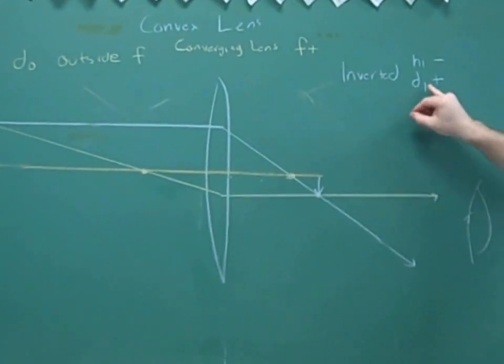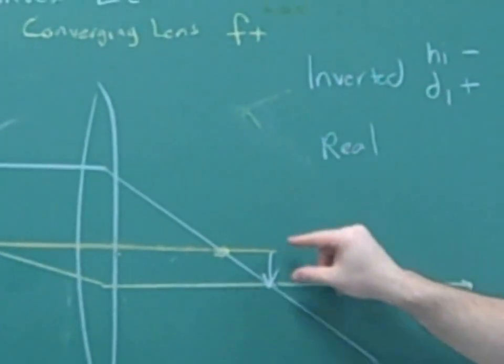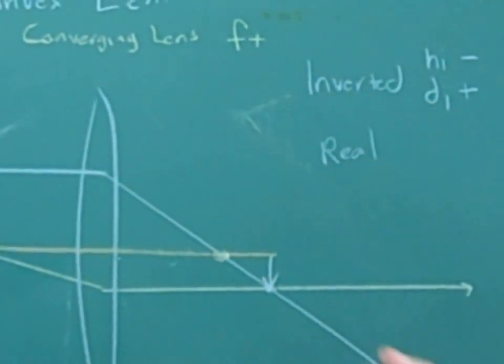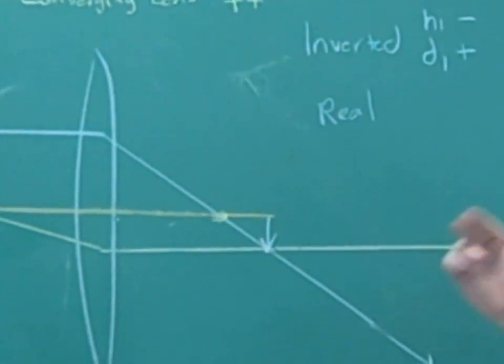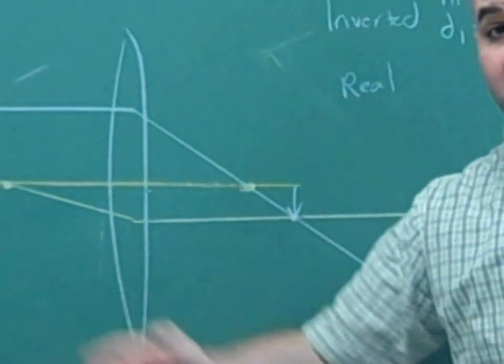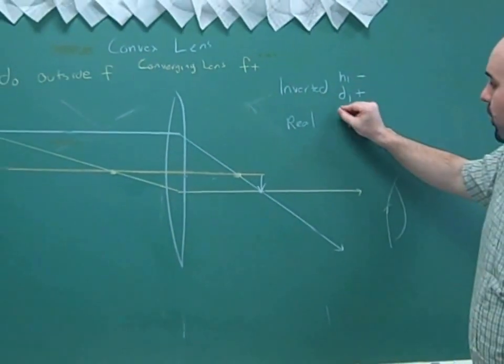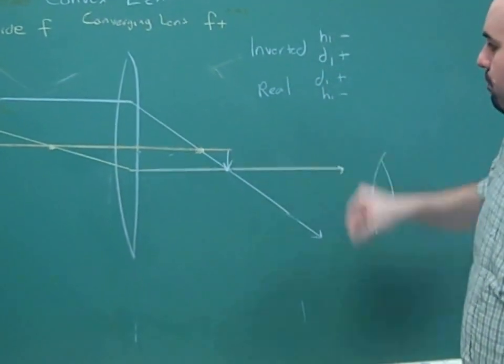And again, a positive DI means it's real. It's real for three reasons. It's real because it's inverted, check. It's real because light is actually combining from that point. And it's real because we expect it to be through a lens and not reflected on it. And because it's real, DI is positive and HI is negative.